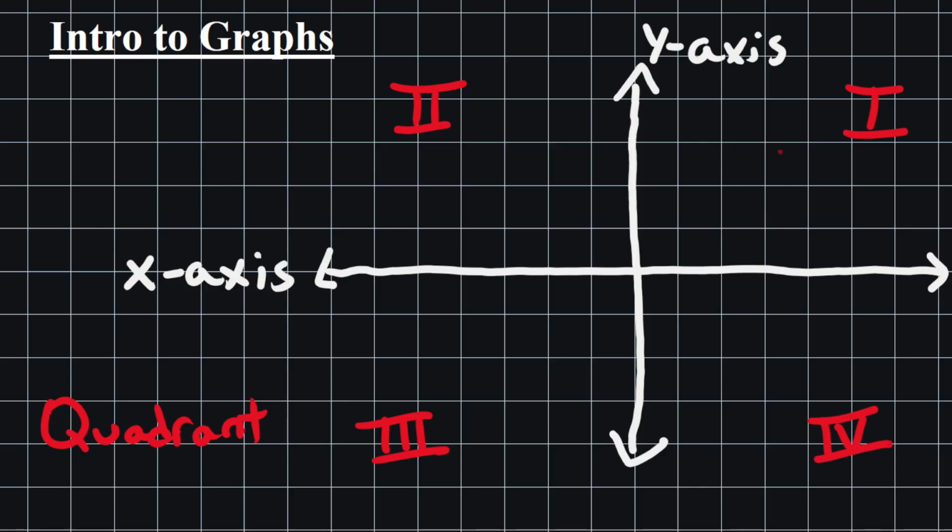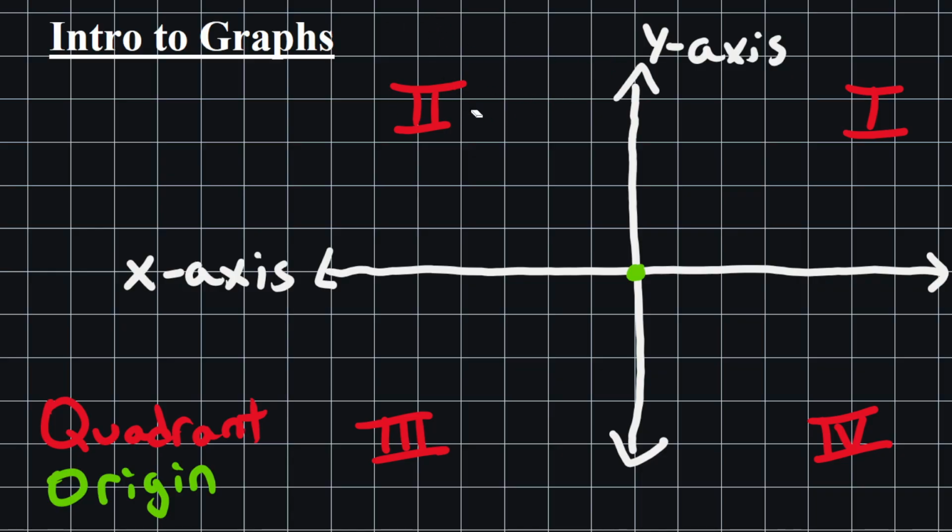So there are four quadrants: 1, 2, 3, and 4. And one more thing: where the x-axis and the y-axis meet, right here, this is called the origin. So I'll write that over here, origin. Perfect. So this is how a graph is composed.